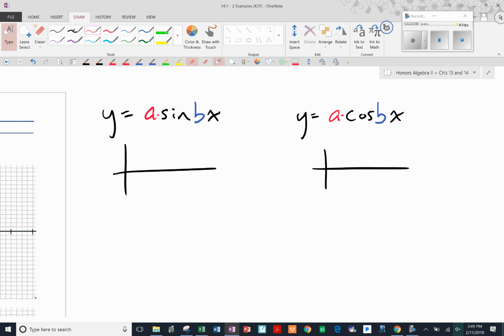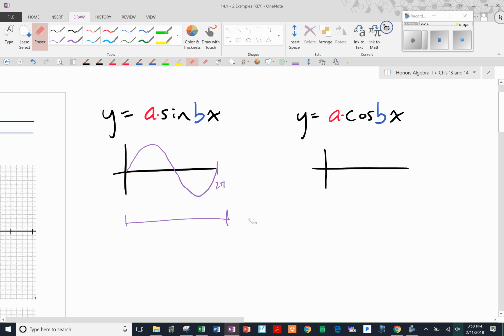The sine function, if a and b are both 1, looks like this with a period of 2 pi, meaning that we stop this cycle at 2 pi, the cycle that started at 0. So this is the cycle from 0 to 2 pi, and the period is the length of that cycle, which is 2 pi.